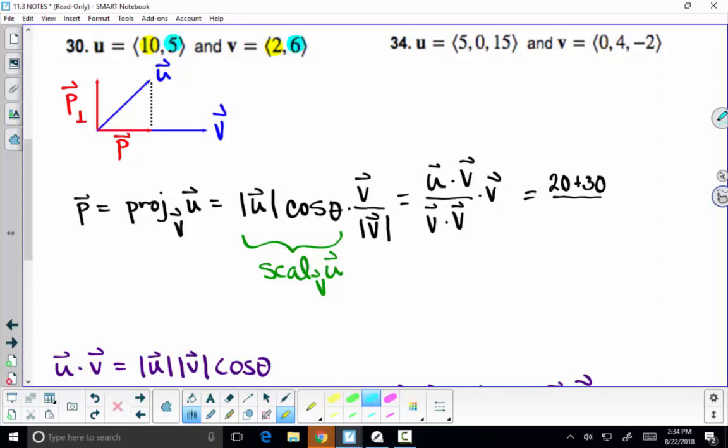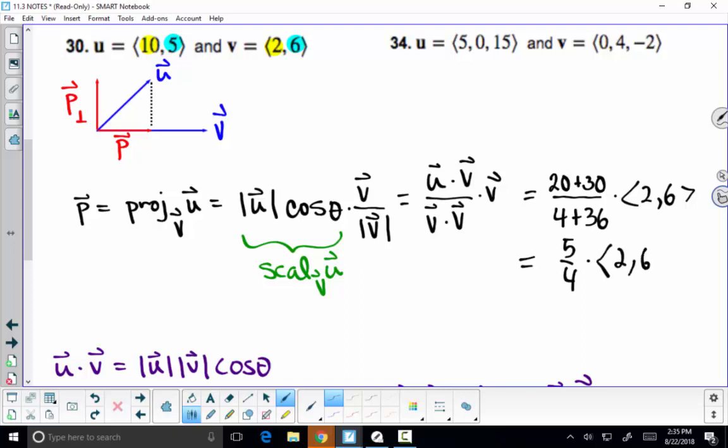So that's the dot product right there. Then we have to take v and dot it with itself, so v dotted with itself will be 4 plus 36. And then we put vector v on the end, which is 2 comma 6. So this will be 50 over 40, which is 5/4, times 2 comma 6.